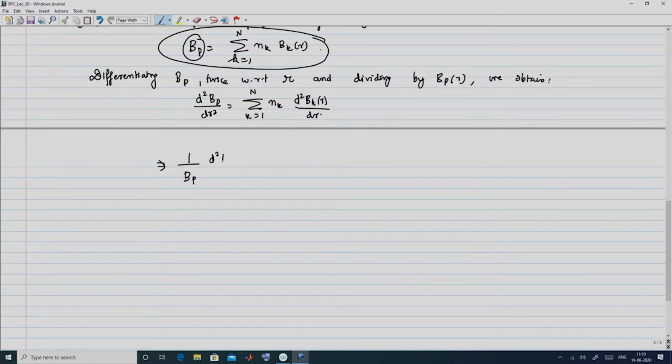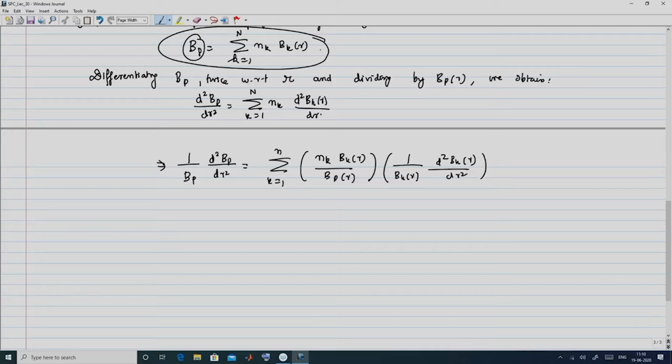So, 1 over B_p d squared B_p over dr squared is going to be summation k equal to 1 to N, N_k B_k(r) divided by B_p(r) multiplied by 1 over B_k(r) into d squared B_k(r) over dr squared.